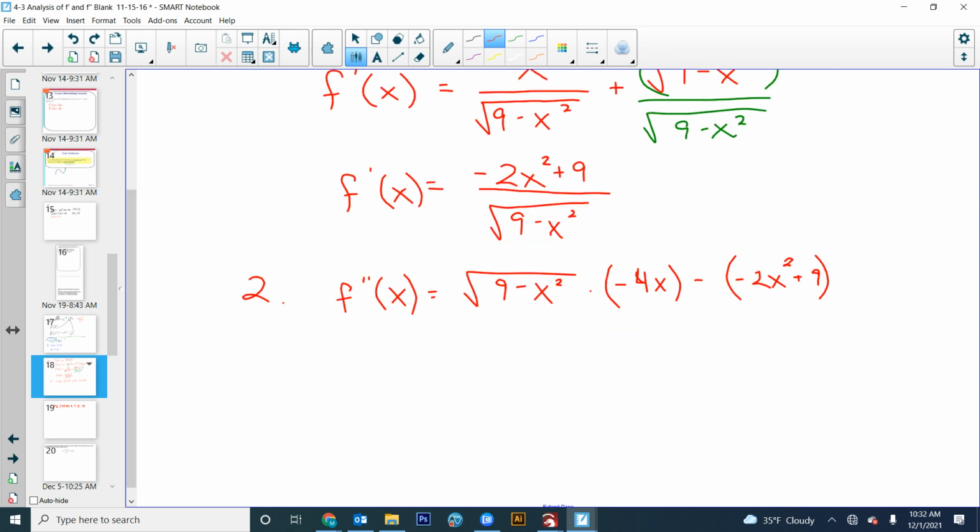And our d low is 1/2 the inside alone to the negative 1/2 times negative 2x, all over low, low.